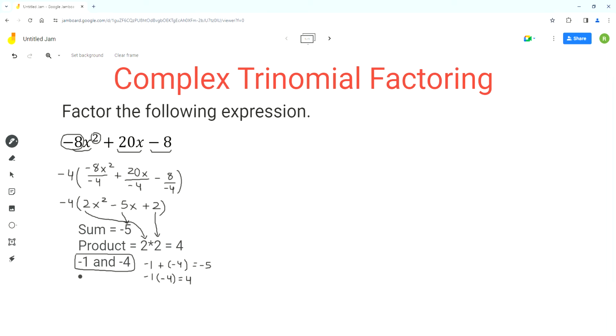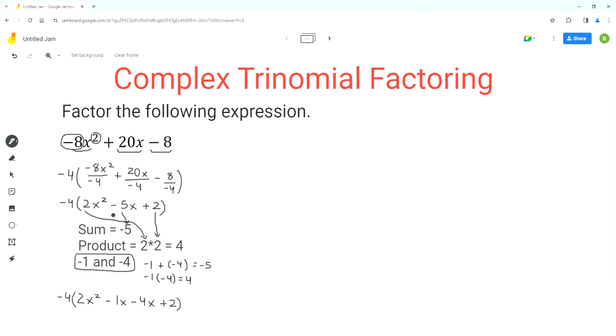So we'll use these 2 numbers to break up the middle term, the x term. Negative 4 stays outside the parentheses, and then we get 2x squared minus 1x minus 4x plus 2.